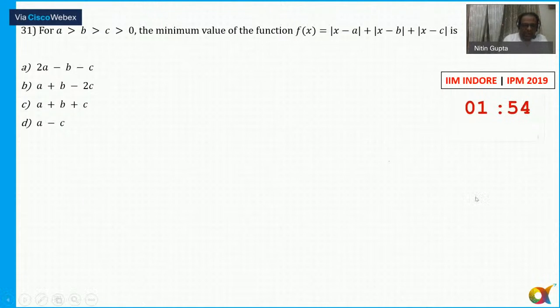Okay, so let's discuss. A is positive. Then what I have to find out is the minimum value of this function.